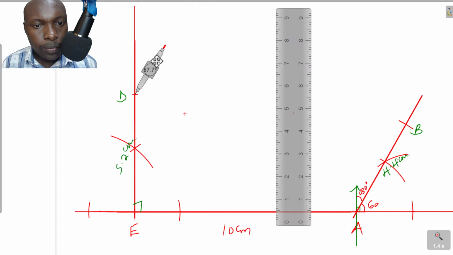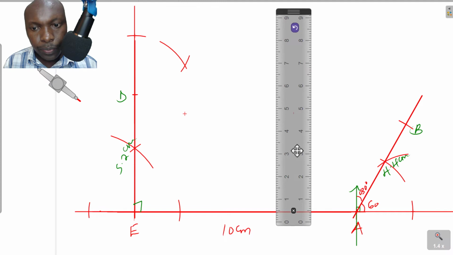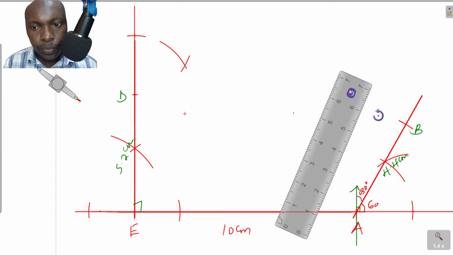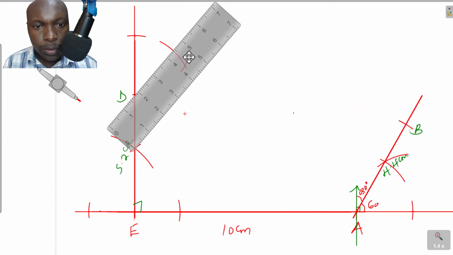Standing here, mark an arc there, then mark another one there, then standing here, stand there, and then cut that arc. So that is how we're going to construct an angle of 60. And then from there you can take the ruler and join this point.